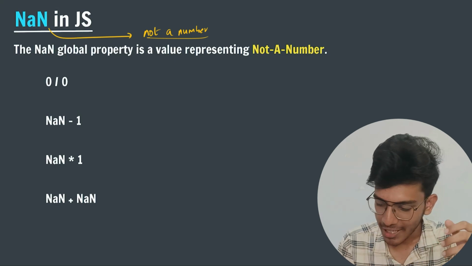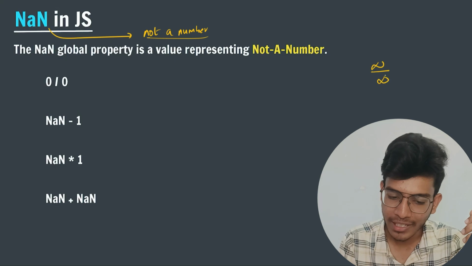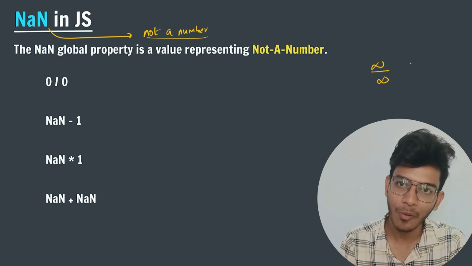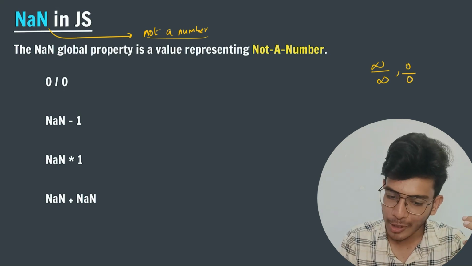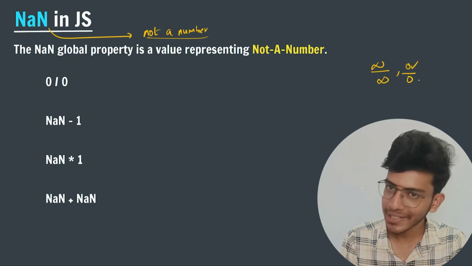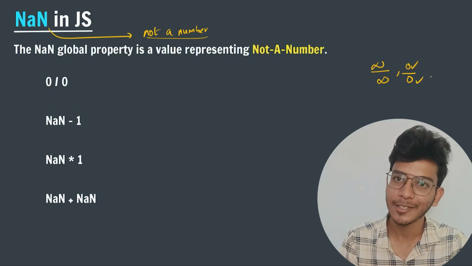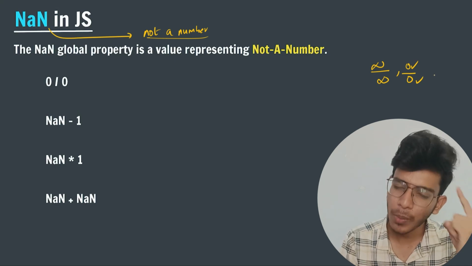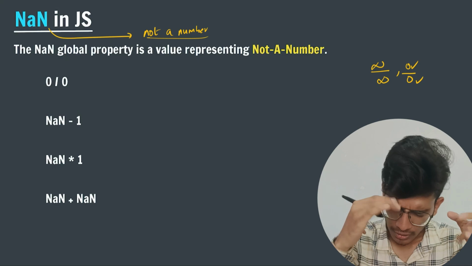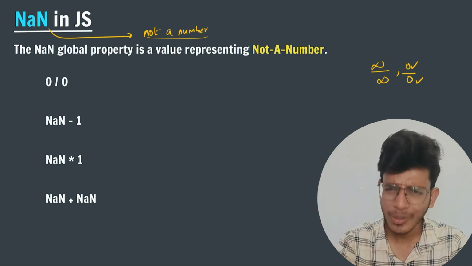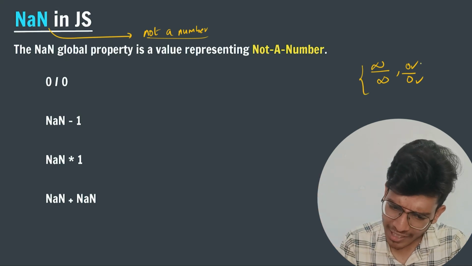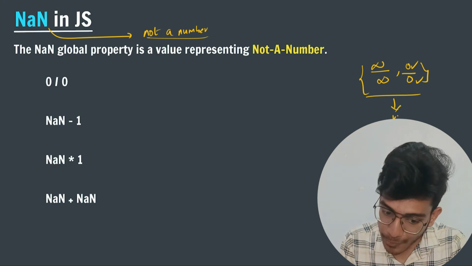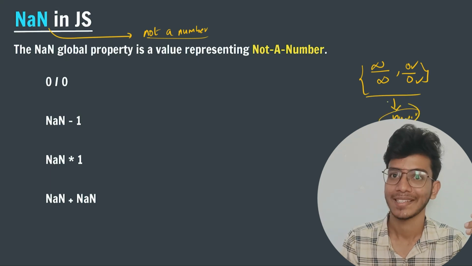For example, if I am dividing infinity by infinity, then I don't know what the answer is. If I am dividing 0 by 0, the numerator is 0, the denominator is 0, but I don't know what the answer is. But I am sure that if the numerator is a number and the denominator is a number, then the resultant output for these two things would be a number, right?